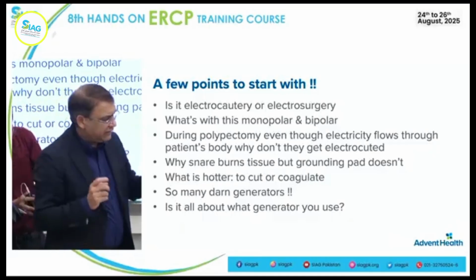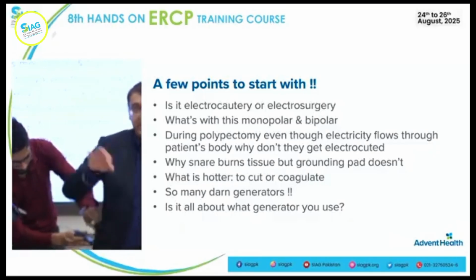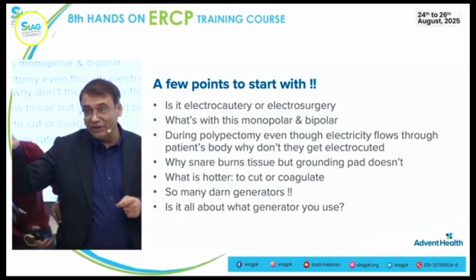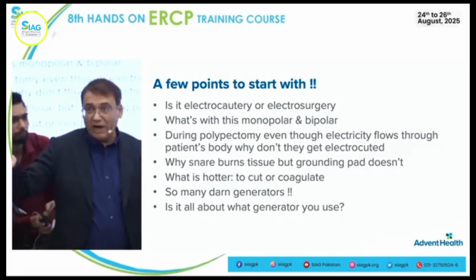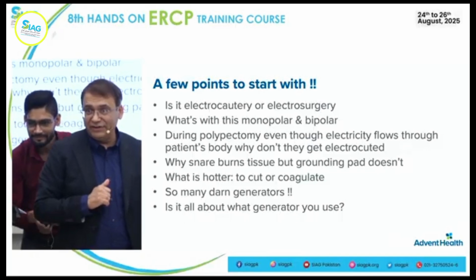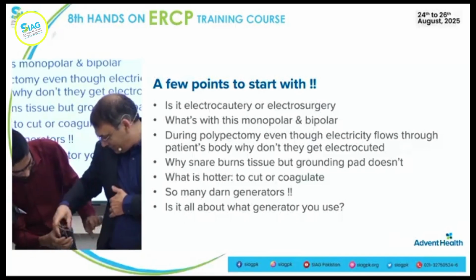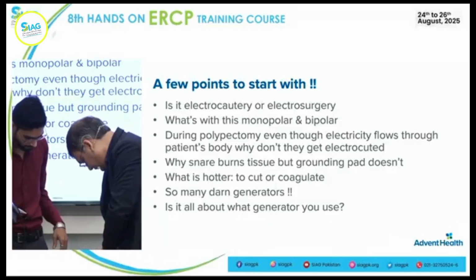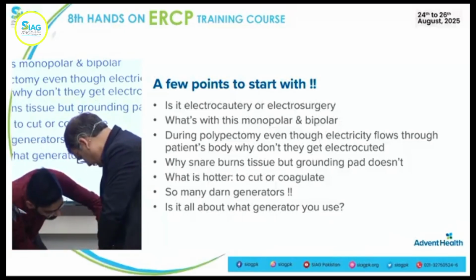And then it's the same generator which is connected to the wall outlet. If you put your finger in there, you're going to get burned. But why? Why not this? Anybody?